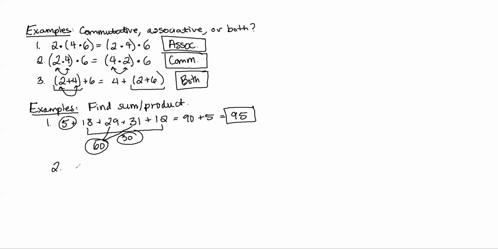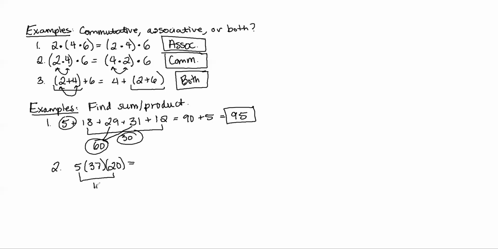All right, this next one here, we have 5 times 37 times 20. And notice these parentheses aren't used to group. So we're not going to be moving around the parentheses. They're just used to show multiplication. And so for this one, I don't really want to have to multiply 5 times 37 first. But if you notice, 5 times 20 is pretty nice.